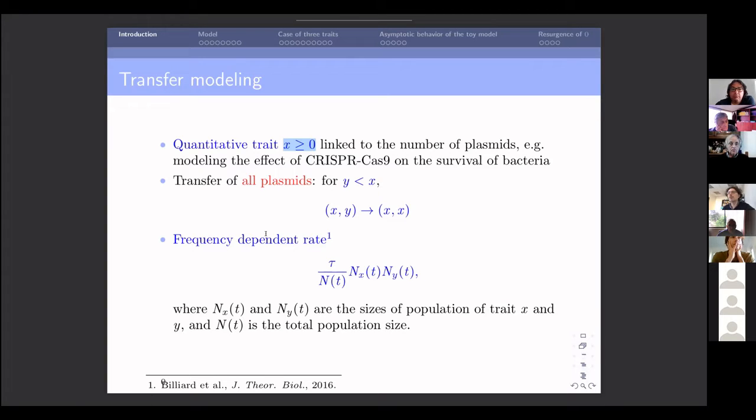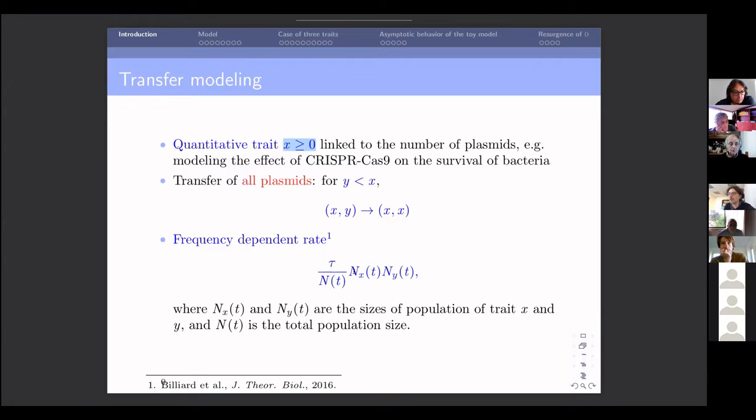And I'm going to assume that there is a frequency-dependent rate, which means that, in words, all individuals with trait x pick at some given rate one of all the other bacteria, and then there is transfer.